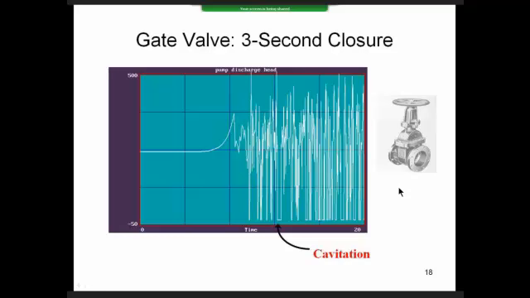And clearly this is a serious problem. There's cavitation occurring, pressure spikes, and that's because, again, there was a much higher velocity at the very end of the stroke, and the associated pressure spike was larger and caused all this problem. So the characteristics of the valve can be a very important consideration in transient flow.